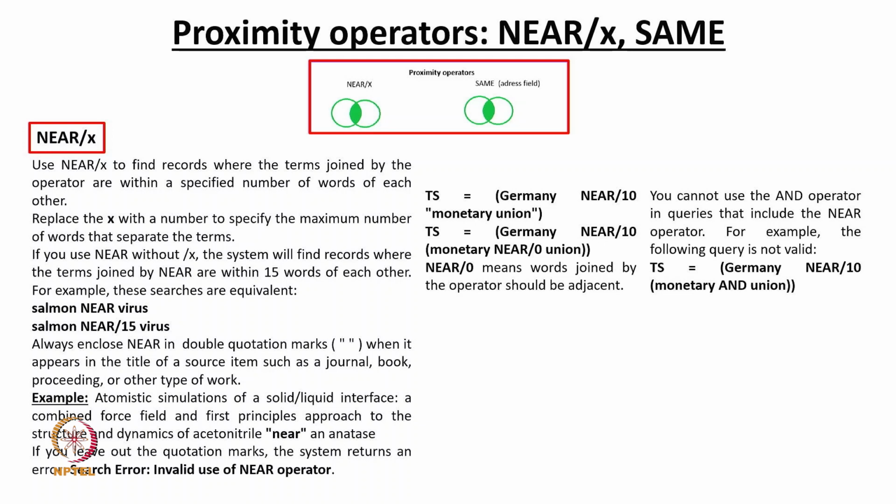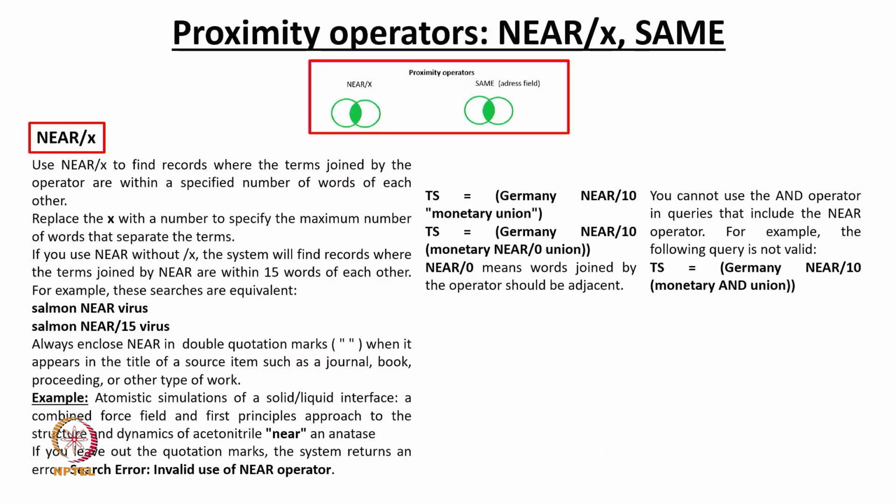If you put the number, then it will search for the term within that many words after the first word. For example, salmon near virus. If you are not putting any number, then it will search salmon near/15 virus, meaning virus will come within 15 words.